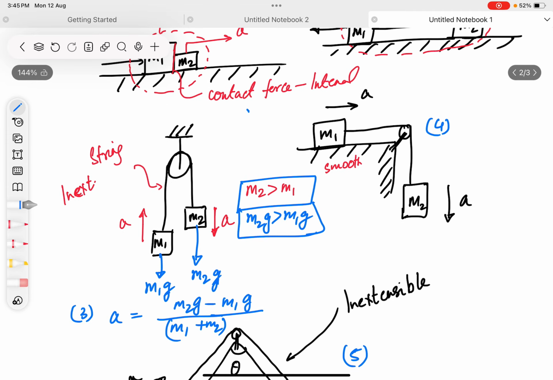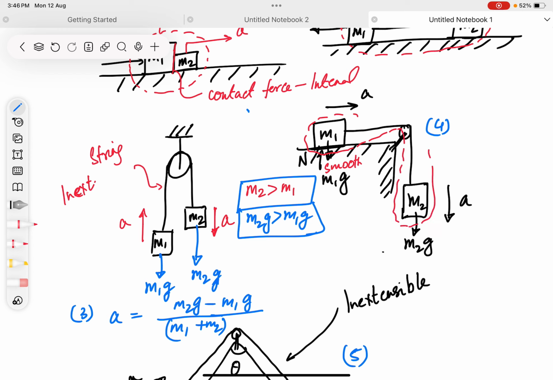Fourth one you can predict now, very easily. Who is responsible for the system's acceleration? Only the force of M2G. M1G is not going to make the system move. That will be balanced by some reaction from the floor. So therefore tension is not going to make the system move. That becomes internal to the system.